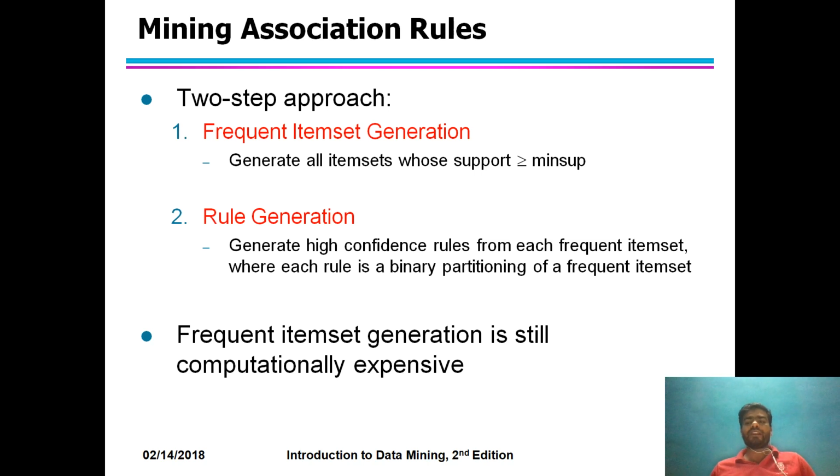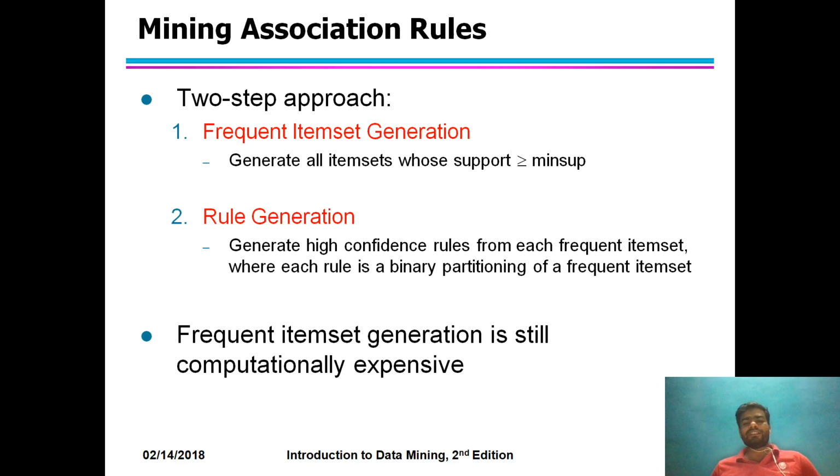If I set the minimum threshold equal to 30%, it means that out of 10 transactions, a particular item should appear in at least 3. In rule generation, we generate high confidence rules from each frequent item set, where each rule is a binary partition of a frequent item set. So in the first approach we apply the concept of minimum support, and in the second method we apply the concept of confidence.